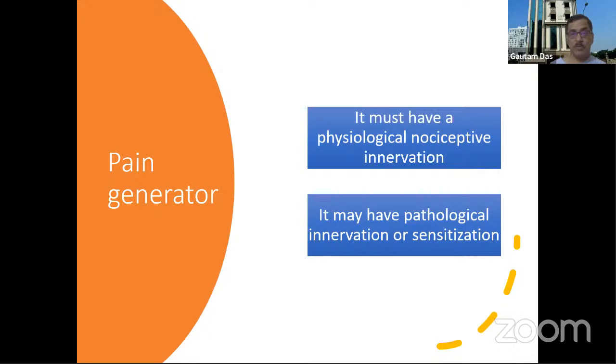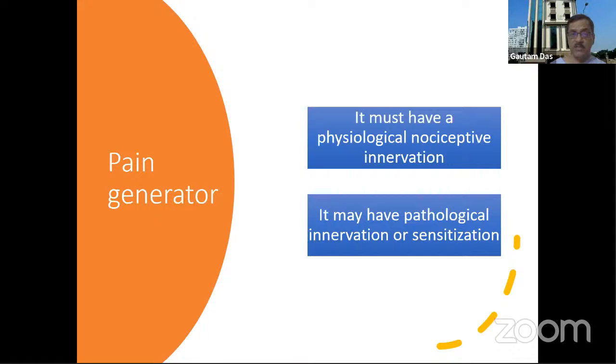Last year I was talking about neural plasticity. The pain nerves are not rigid, fixed structures. The nerves are changing, and one of the very important features of nerves is that their axons and dendrites grow.